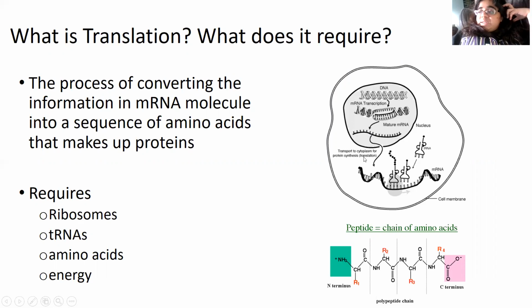The mature RNA ends up getting transported into the cytoplasm, and it eventually forms the polypeptide chains or the proteins themselves, right?